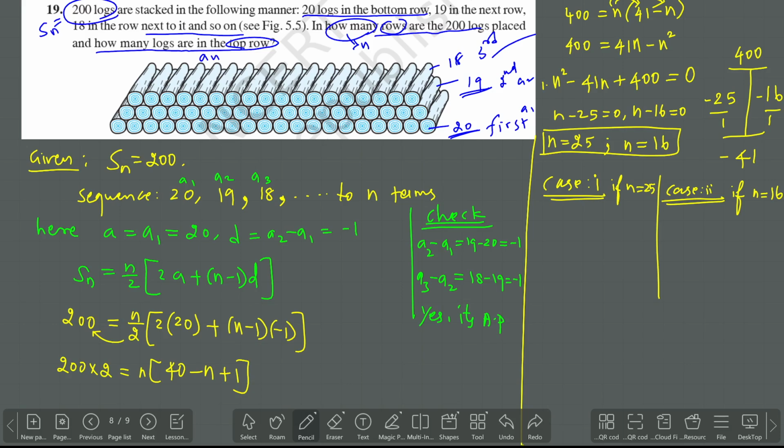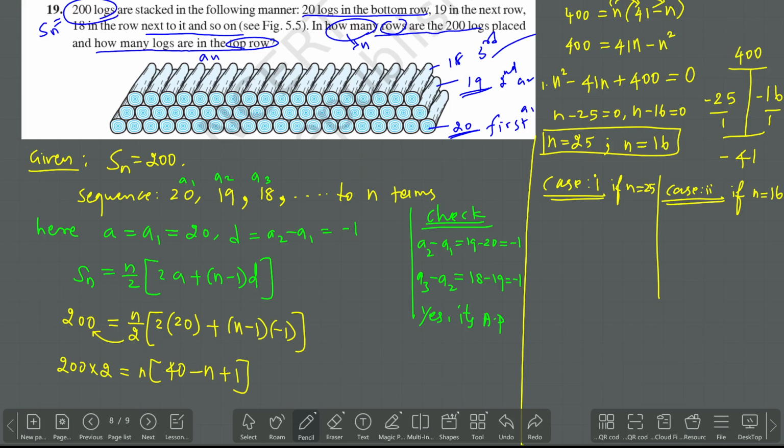A25, that is what? The top row. Because in the bottom first row we consider, second row next, third row next, like that there are 25 rows and 16 rows. We are getting two different answers. Do you understand? Top row we are going to check now. Top row it should be positive. That means some counting should be there, right? 5 wood, 2 wood, 3 wood, like that there should be something.